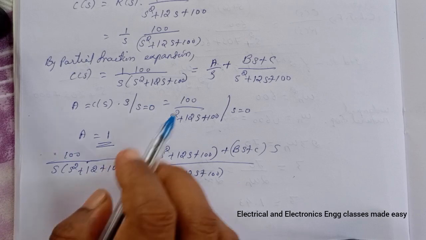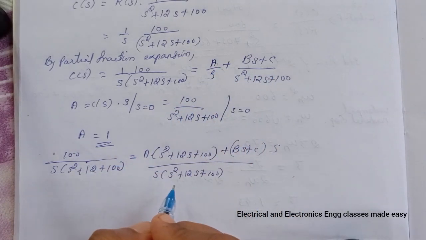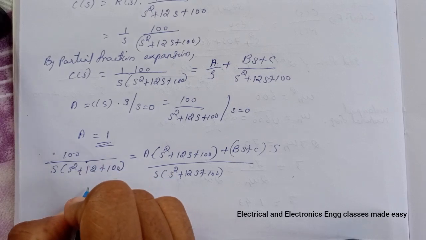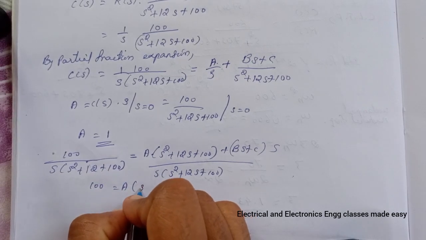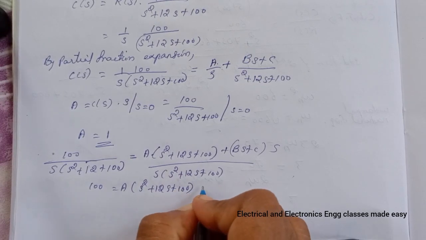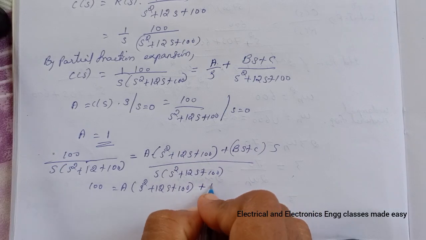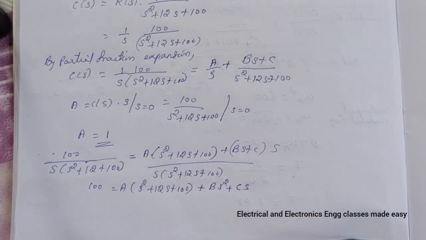So we take the LCM, and now these two get cancelled. So we get 100 equal to A into s square plus 12s plus 100 plus Bs square plus Cs. Now we have to equate the coefficients of s square, then s.